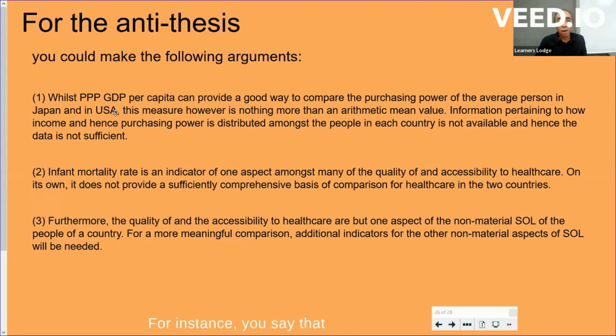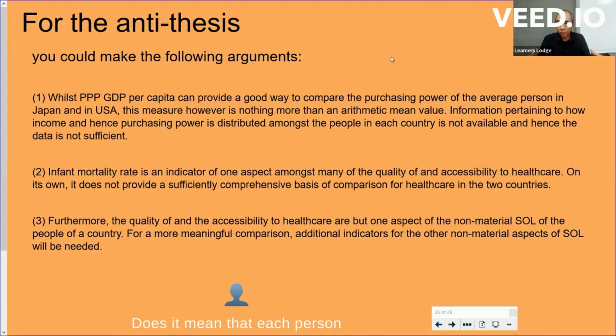For instance, you say that whilst PPP GDP per capita does provide us with a good way to compare the purchasing power of the average person in Japan versus the average person in USA, per capita is really nothing more than what is called an arithmetic mean. We take the total PPP GDP, divide by the total population of that country, right? It's a simple average.